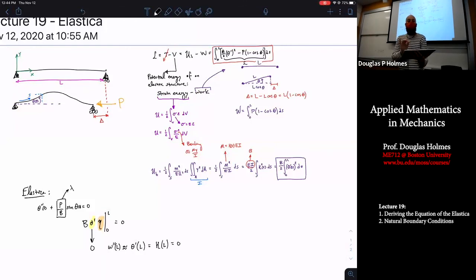We could do that same thing at the other point. We could say that also, this equation could tell us that the curvature at the other end of the boundary is equal to 0.